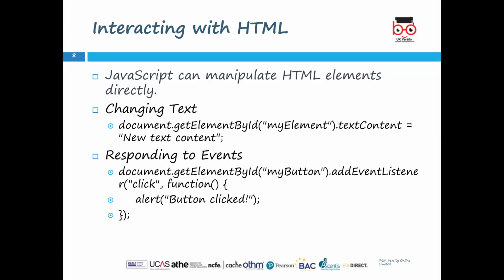And we can just change text. So as you can see, for example, we can get the document element by ID. We can also respond to events. So there are many things we can do. So responding to events will now be done through our functions.